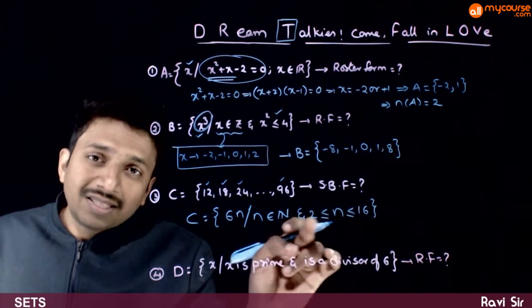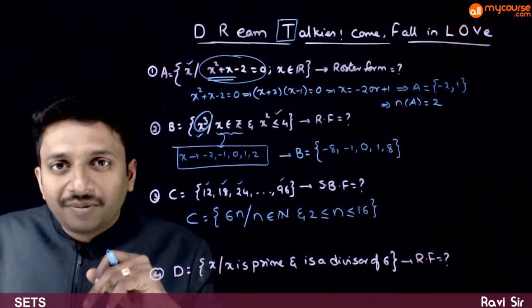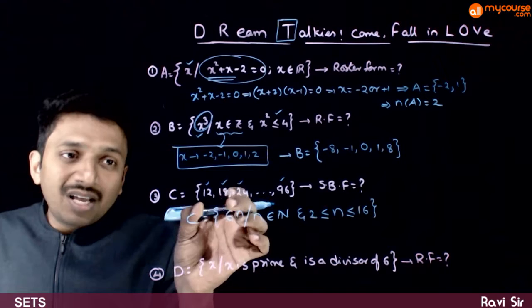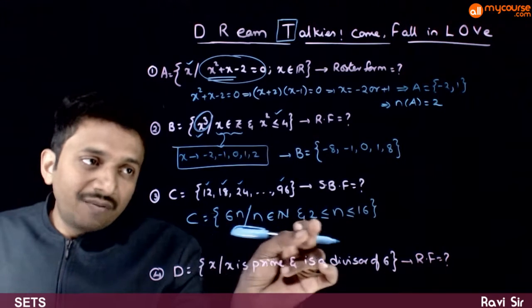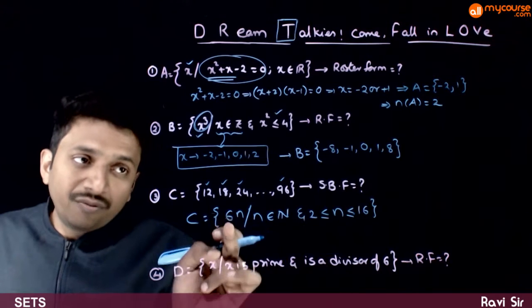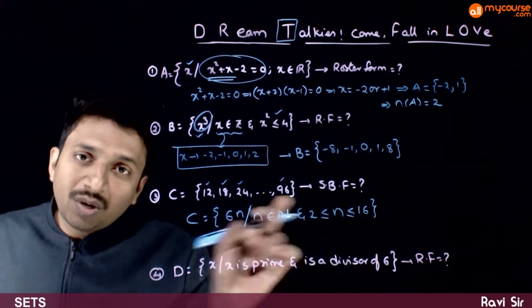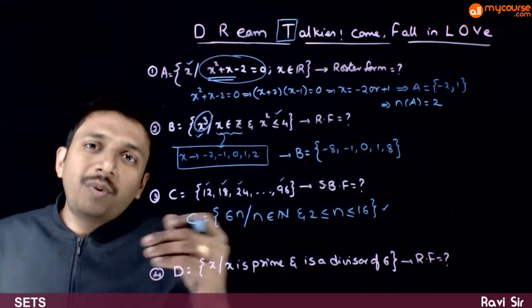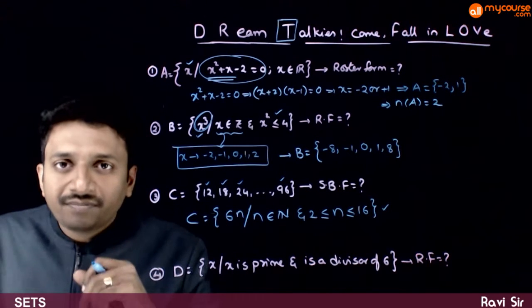So n starts from 2 and goes till 16. The elements in my set are of the form 6n. When n is equal to 2, you get 12. n is equal to 3, you get 18. n is equal to 4, you get 24. When n is equal to 16, you get 96. So this will be one of the possible set builder forms for C.